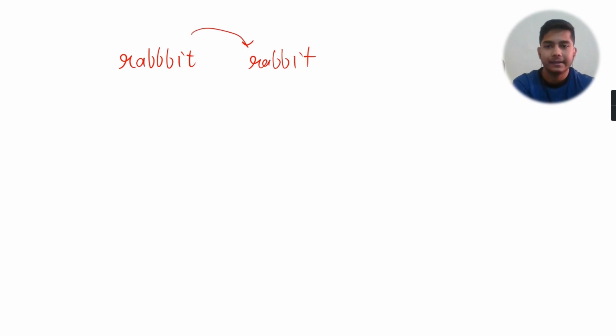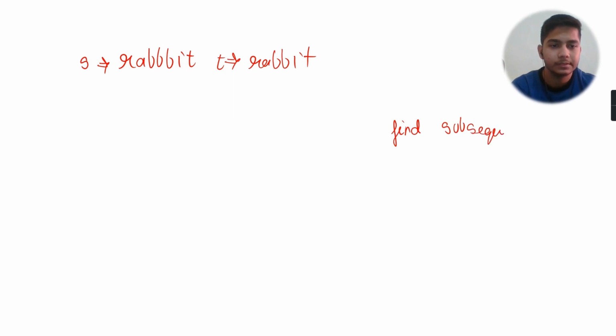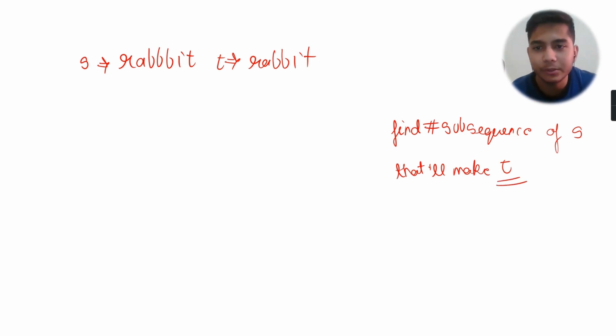Suppose this is s and this is t, and you have to find the number of subsequences of s that will make t. In this, if I leave this B, then again I'm able to form a rabbit.